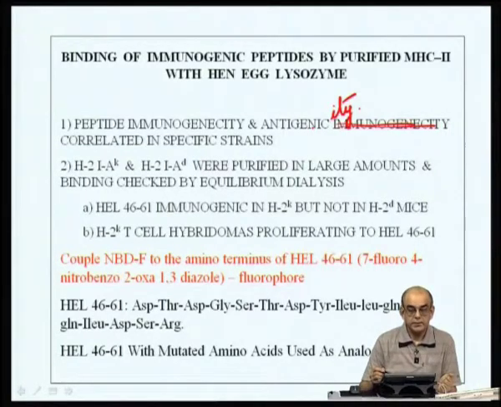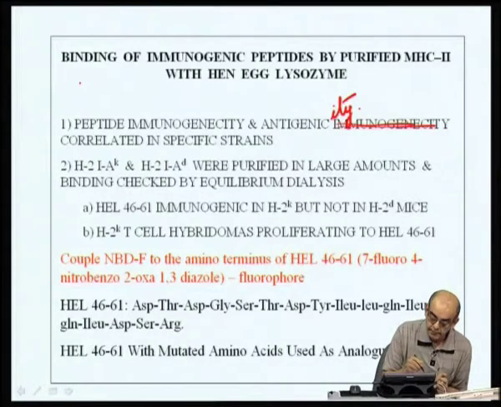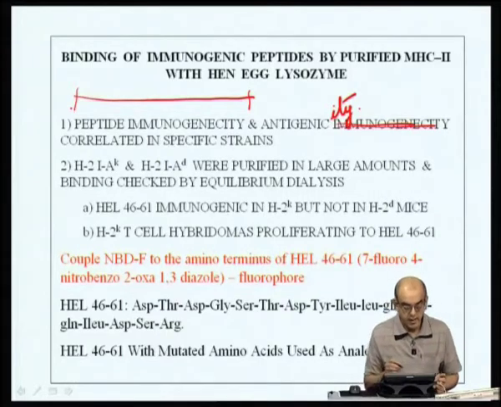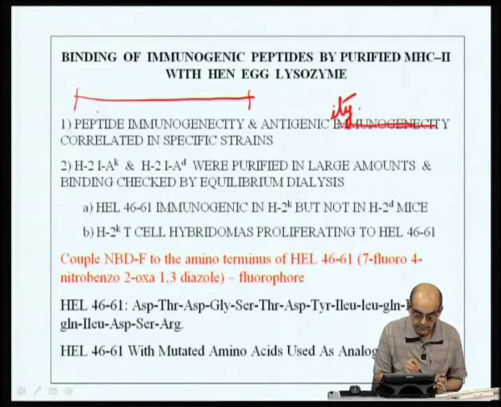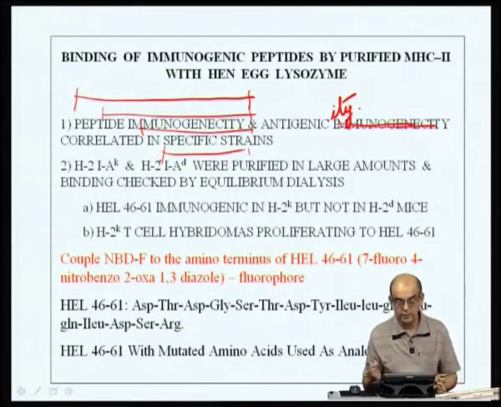The experiments that were done with certain model antigens like hen egg lysozyme, as I told you earlier: one would immunize hen egg lysozyme, the whole molecule, into a particular inbred strain of mouse, and then go on preparing smaller and smaller fragments of this hen egg lysozyme to see whether these smaller fragments were also immunogenic.